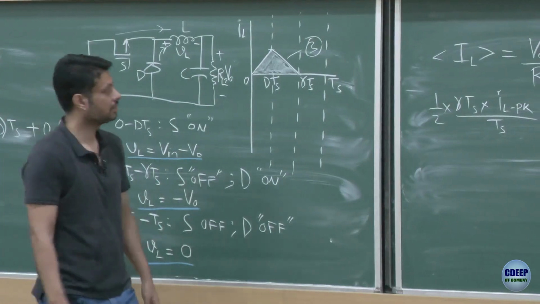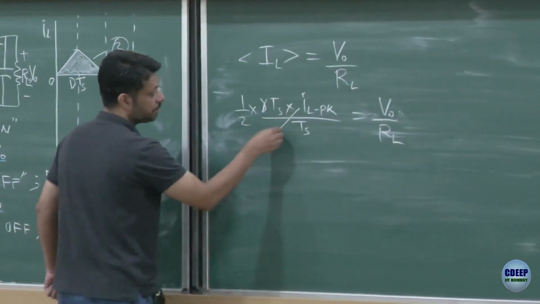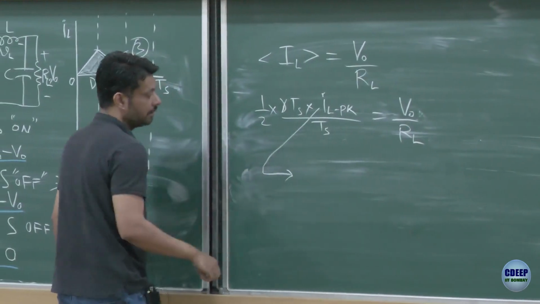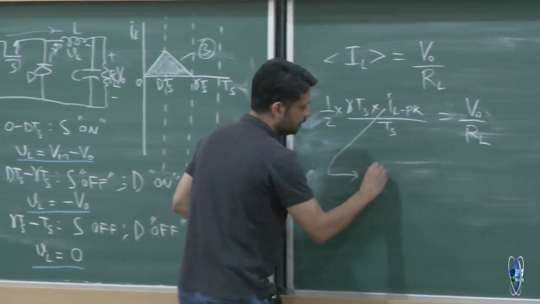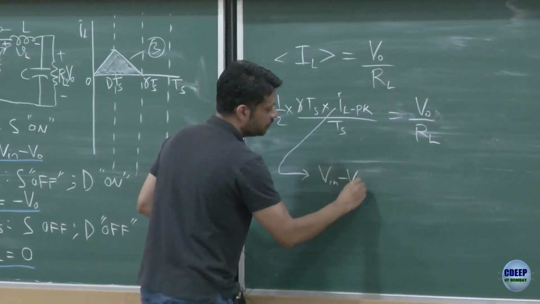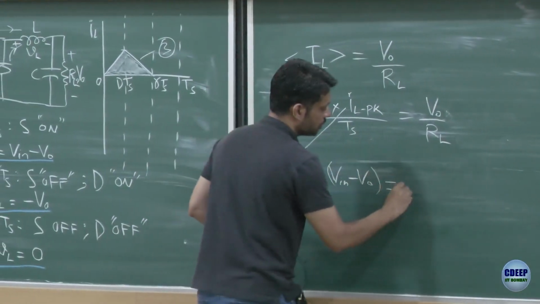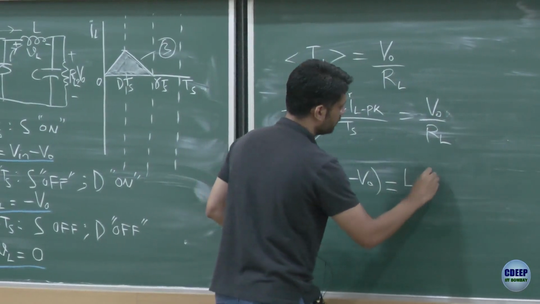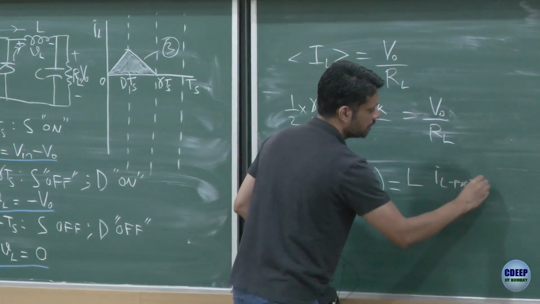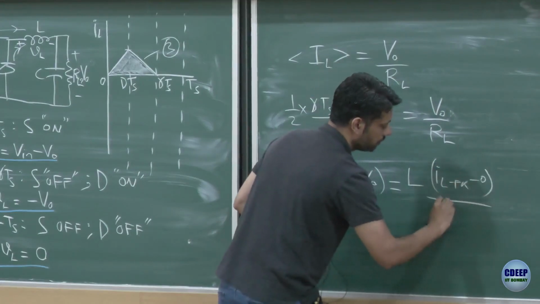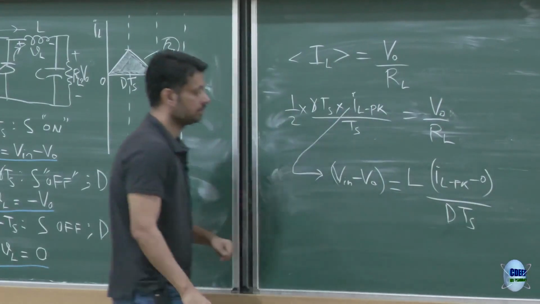By doing this, you can further substitute IL peak from this expression, which is Vin minus V naught equals L times IL peak minus 0 upon gamma Ts.